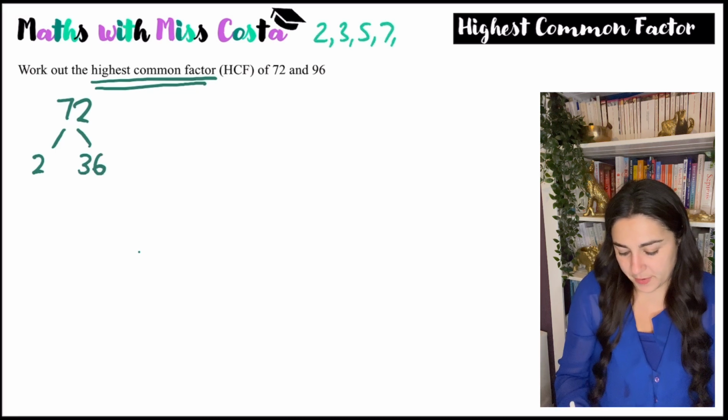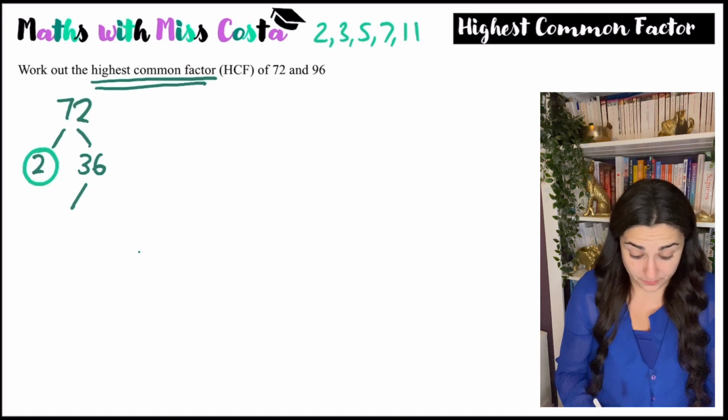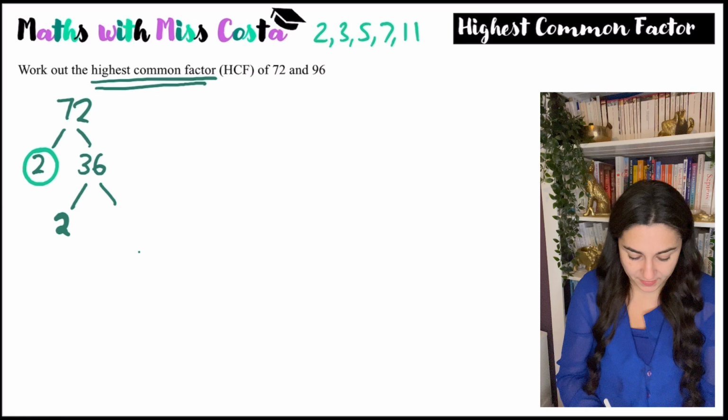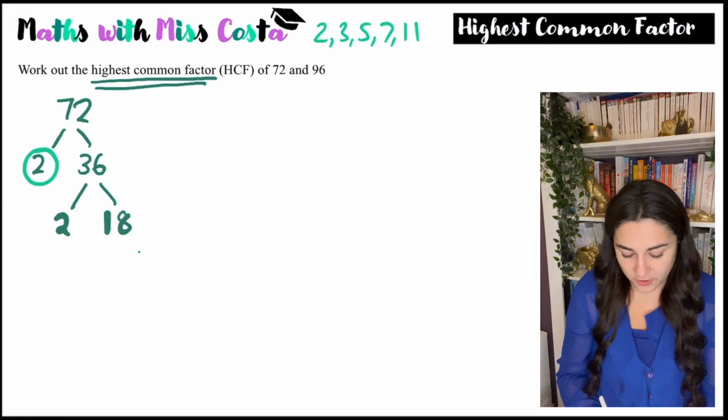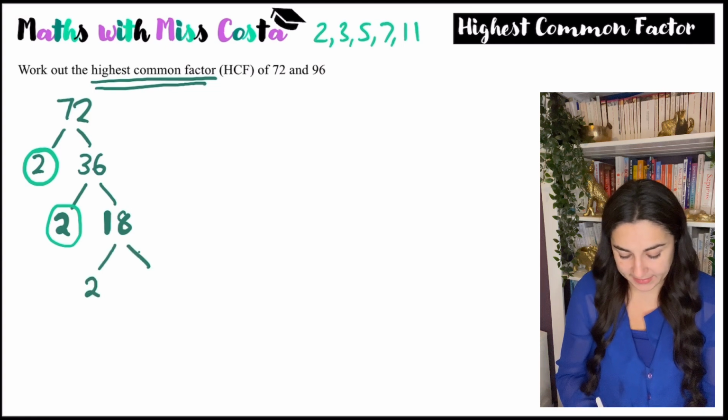Just going to write the prime numbers up here. Whenever we get to a prime number, we circle it and that tree branch is extinguished. Then we go to the branch that isn't extinguished and find the factors of that. So what are two factors of 36? I'm going to keep going with 2 because it's the smallest prime number and it's easy to extinguish. Then what are the factors of 18?